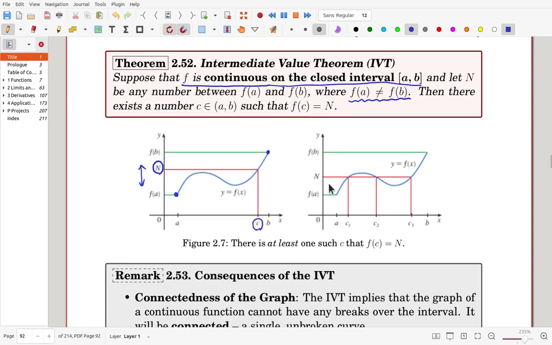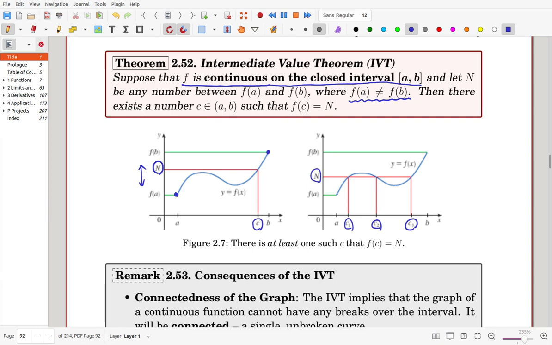If you choose n a bit lower, like on this right side, and make a horizontal line, then there are 3 points, C1, C2, C3. If you go down vertically, for each point C1, C2, C3, the height must be n. The theorem is saying exactly this situation.